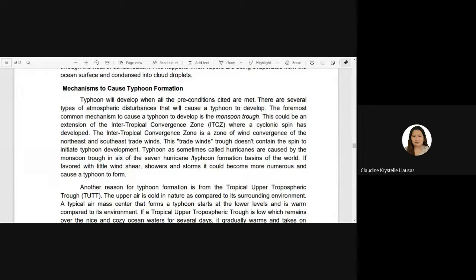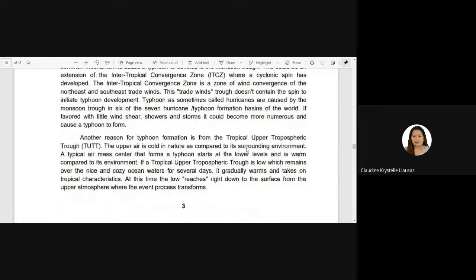Kaya rapod na nila ipangalan once a typhoon enters the Philippine area of responsibility. Okay? So another reason for typhoon formation is from the TUTT, the Tropical Upper Tropospheric Trough.